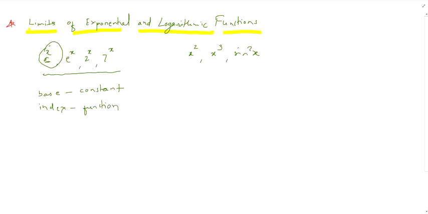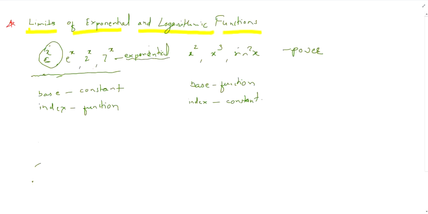In the power function, exactly the opposite: the base is a function or variable, and the index or power is constant. So these functions are called power functions, and these are called exponential functions.